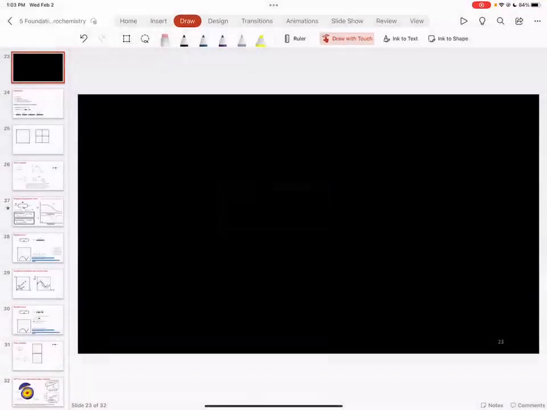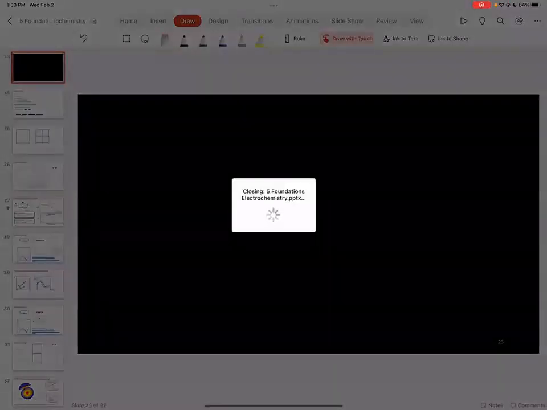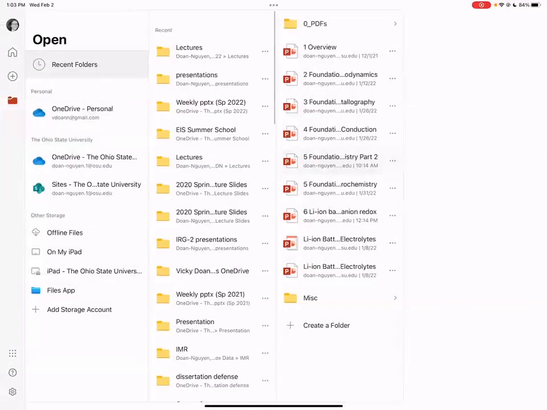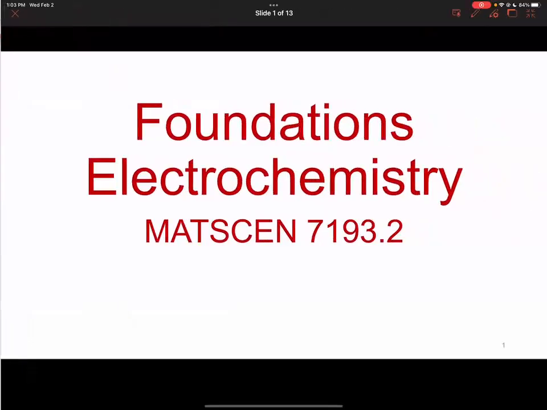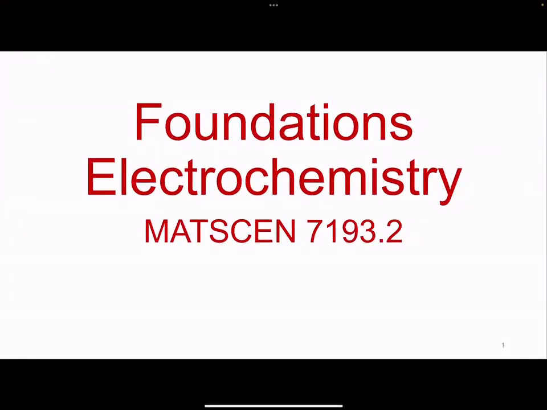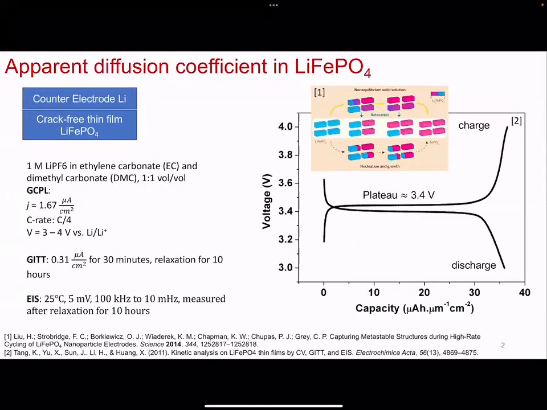Now we're going to go into part 2. All right. So now let's really dig deep and talk about diffusion coefficient of lithium iron phosphate from GITT compared to EIS, and also different types of form factors, different types of ways of growing lithium iron phosphate.